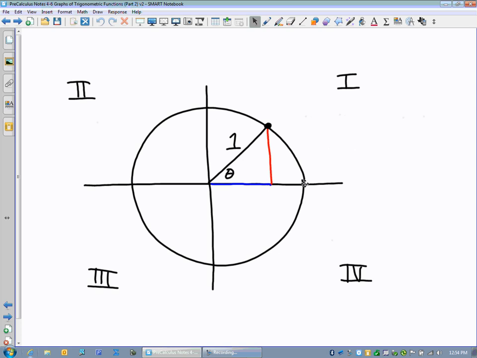Now, in the unit circle, the important thing to understand about the definitions of sine and cosine is that the sine is the length of this segment that is opposite the angle. So the length of the segment is the geometric definition of sine. And the length of this segment, the blue one, is the geometric definition of cosine.